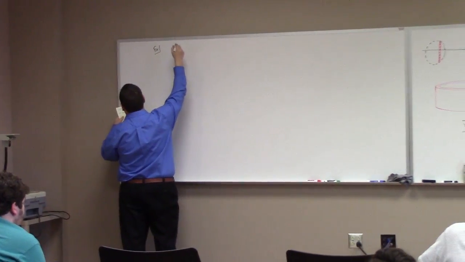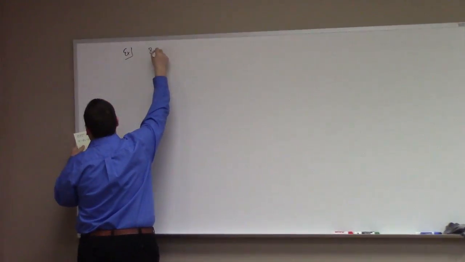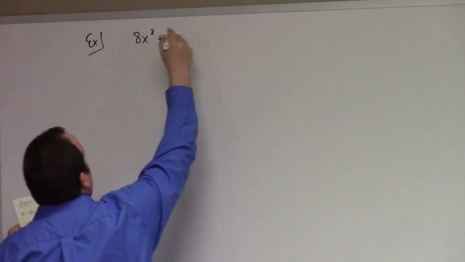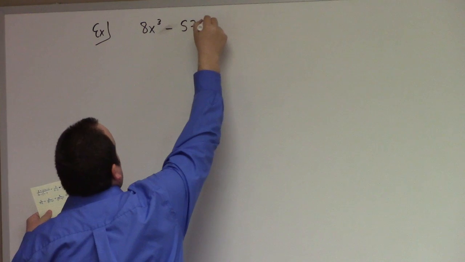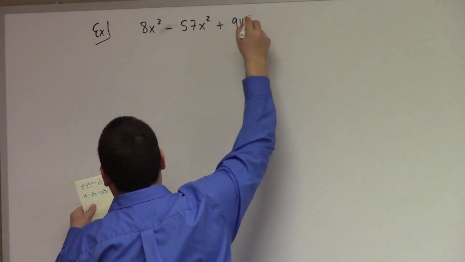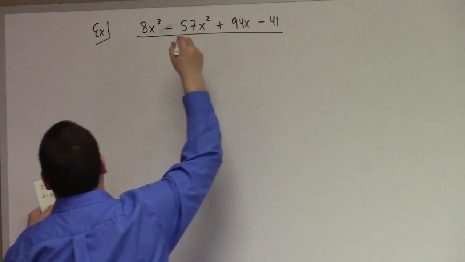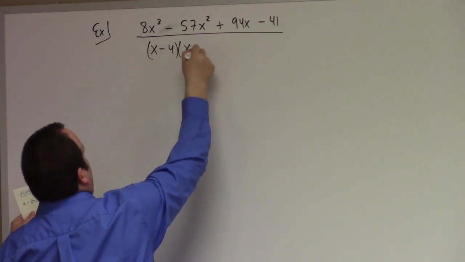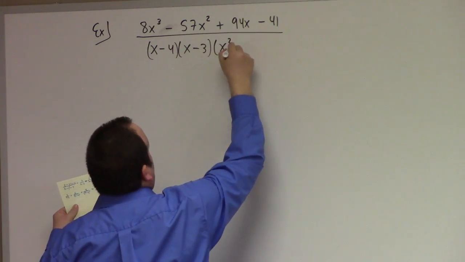Let's try to find the partial fractions decomposition for 8x cubed minus 57x squared plus 94x minus 41, all divided by x minus 4 times x minus 3 times x squared minus 2x plus 5.